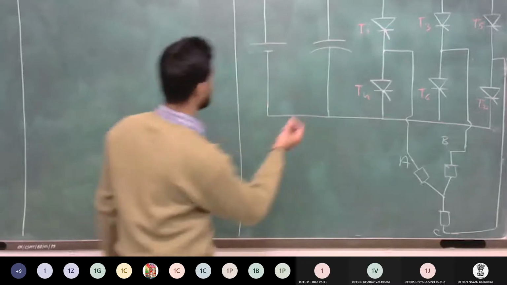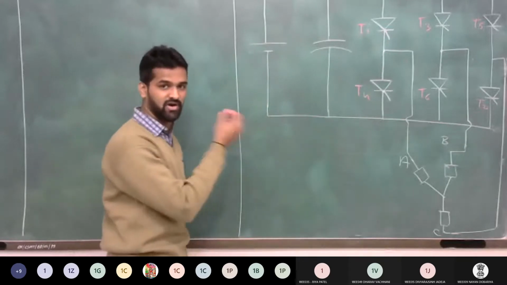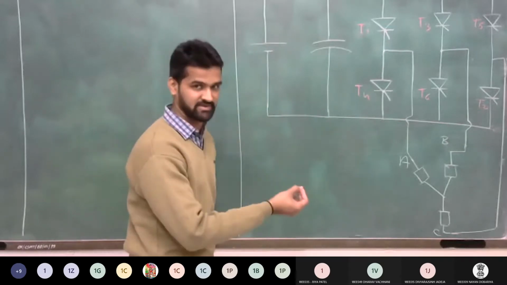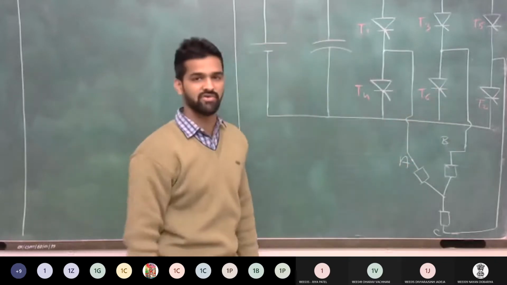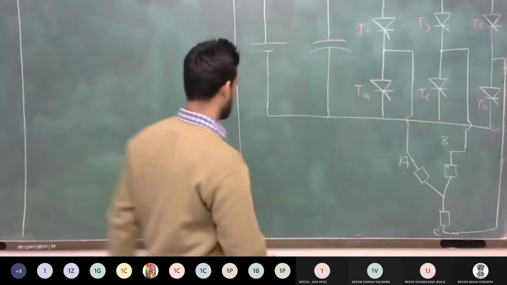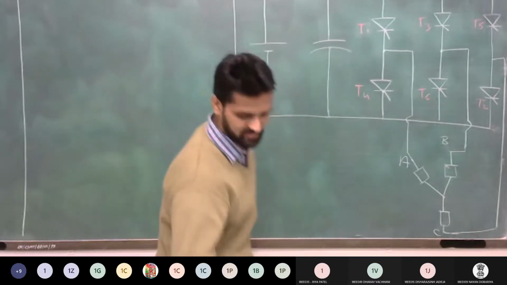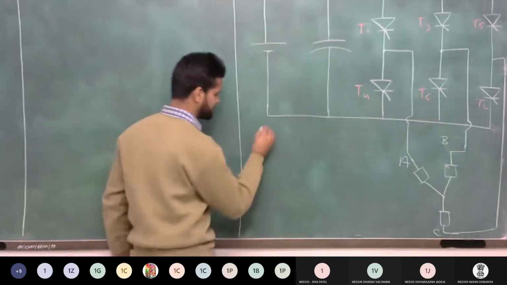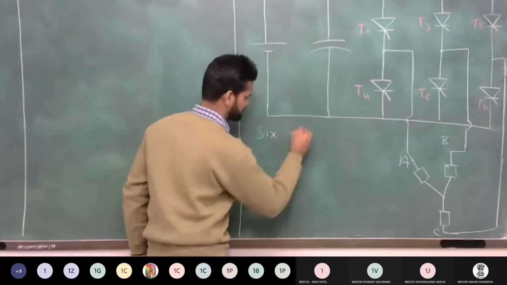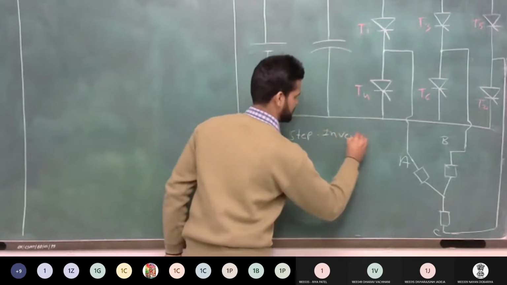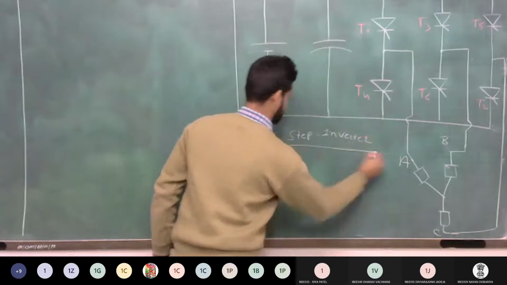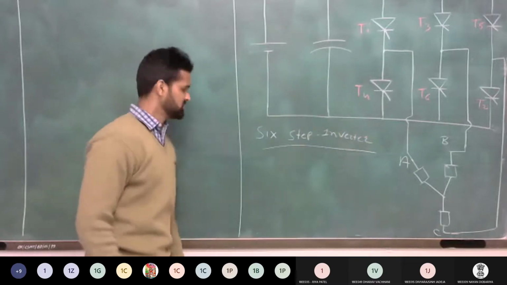Clear? And this is the operation of 180-degree mode of VSI. Each and every thyristor conducts for a 180-degree duration. This inverter is also called the 6-step inverter. Why is it called a 6-step inverter?